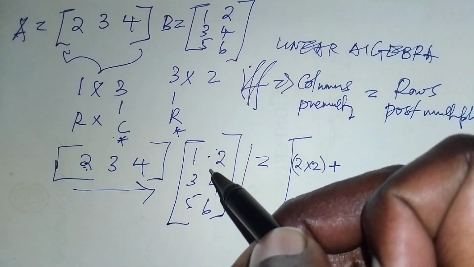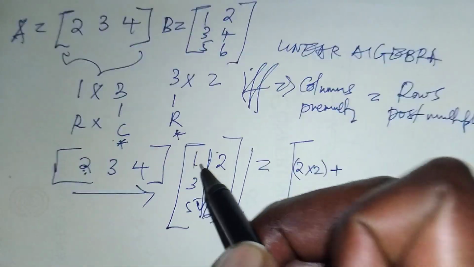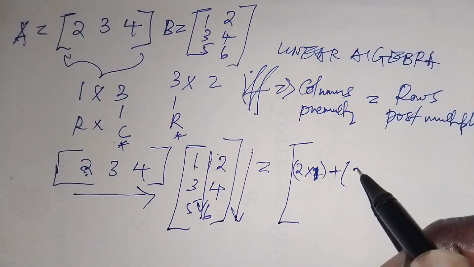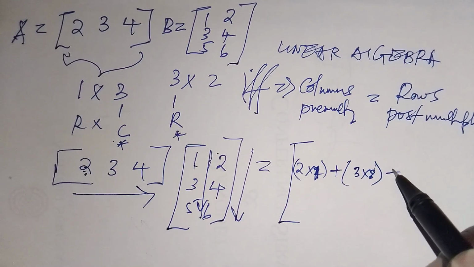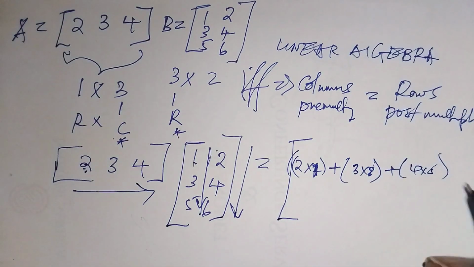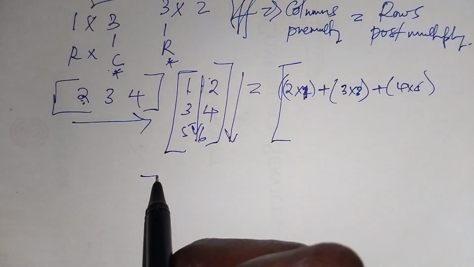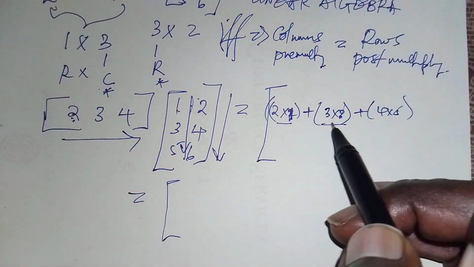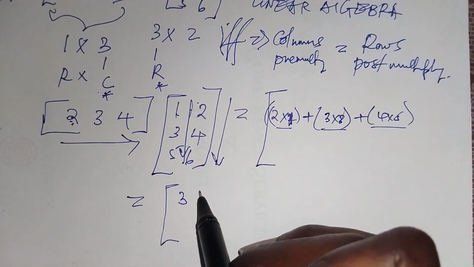We start with this column, so it will be 2 times 1. Then we have 3 times 3 plus 4 times 5. So that one will give you, this will be 2 plus 9, that is 11, plus 20, 31.